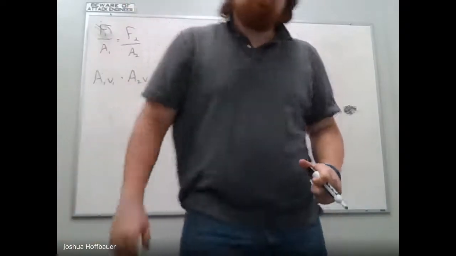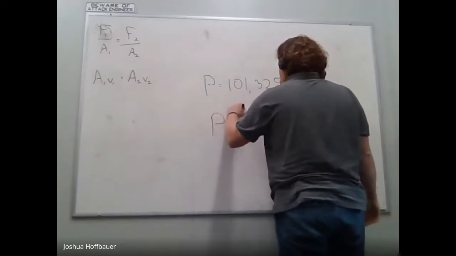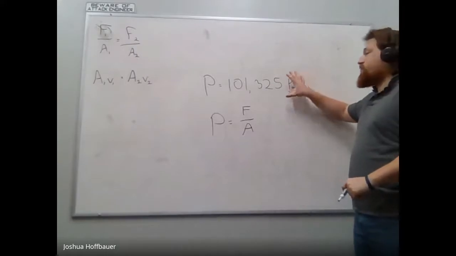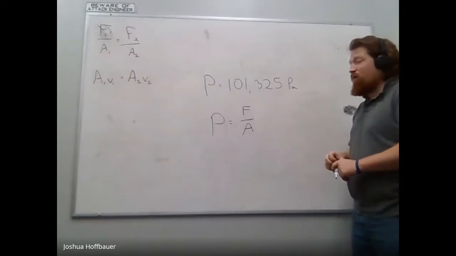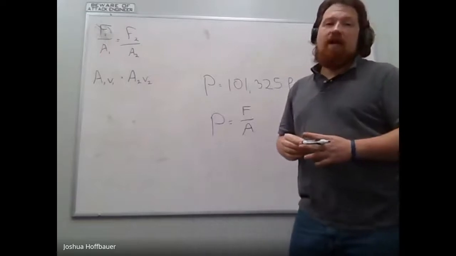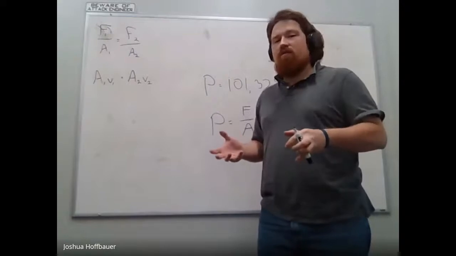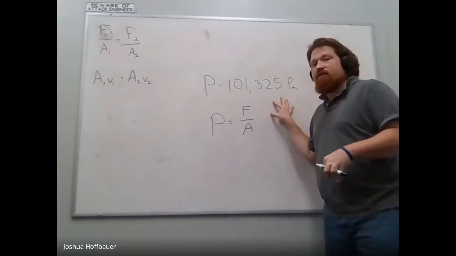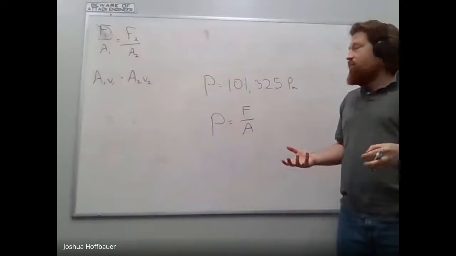If you'll recall, the definition of pressure is force over area. So this pressure is caused by air exerting a force on the surface area of your body. What homework question 1 asks is, basically you're trying to figure out how many sheets of paper laying on your back would be equivalent to this, to give you a sense of scale for how much pressure your body is currently under.